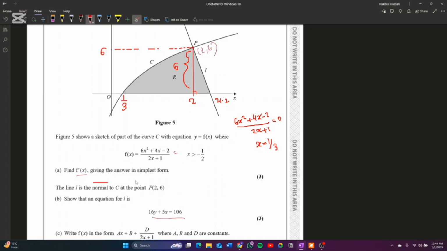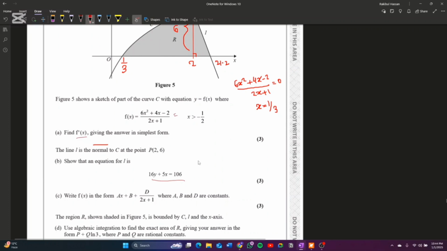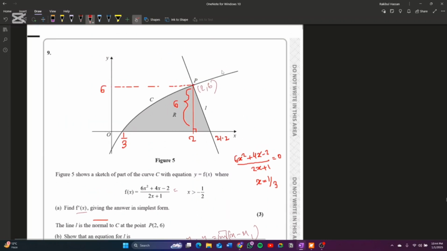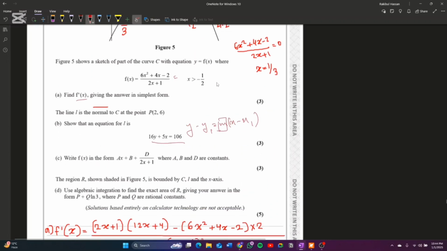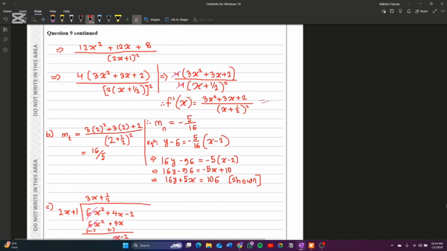It's pretty easy. We need to find the equation of a straight line. So what is the equation for a straight line? y minus y1 equal to m into x minus x1. So what do we need? We need the gradient. We already know the gradient of this curve, which is the first derivative.